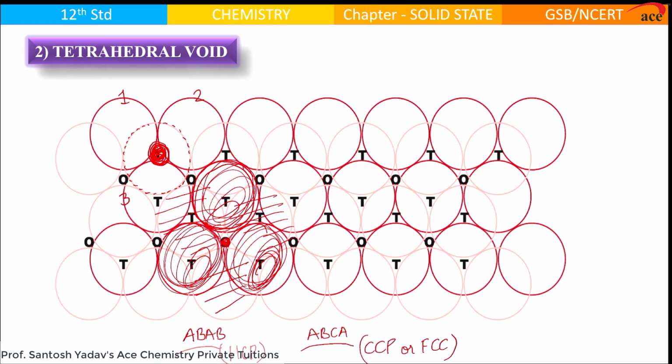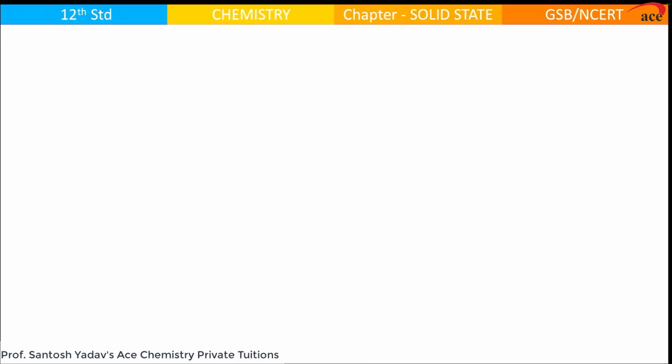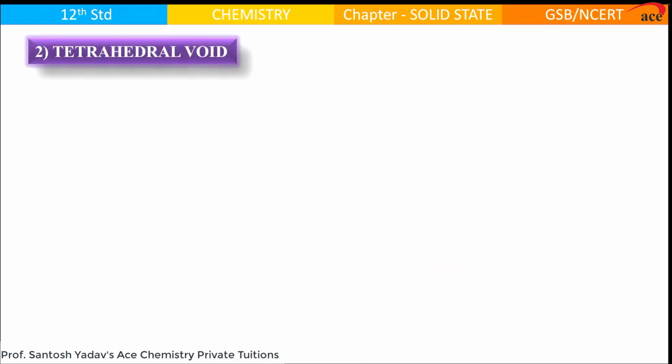The void present between them is called an octahedral void. So, a void trapped between 4 spheres is a tetrahedral void, and a void trapped between 6 spheres is an octahedral void. Point to be noted, a tetrahedral void is present in both HCP as well as CCP or FCC.